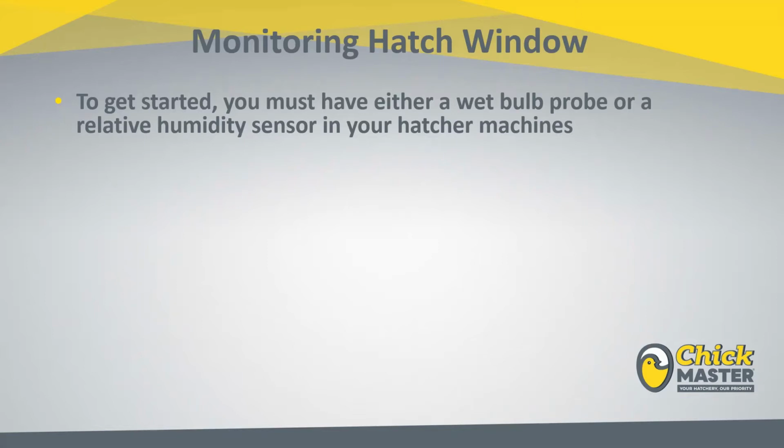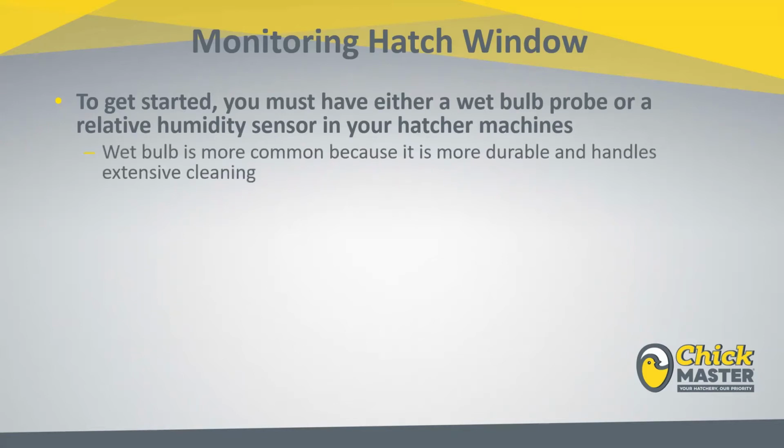You've got to have the wet bulb. So a wet bulb is more common. We see this because it's more durable. It handles extensive cleaning. A wet bulb is simply nothing more than an additional dry bulb probe that we are installing a water bottle and a wick. And therefore we're taking an actual wet bulb reading.